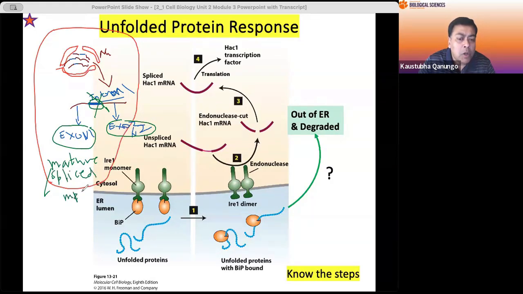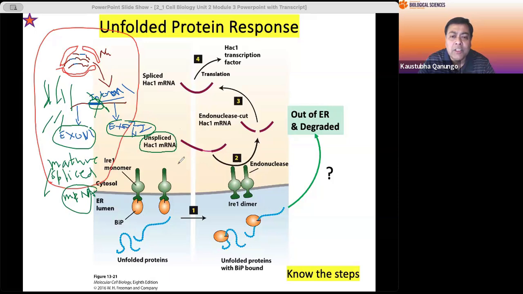Most of the mRNAs are matured and spliced, and they are transported into the cytosol, where they can bind to the ribosome and be translated into the protein as required. The HAC1 mRNA is one of the exceptions that is transported from the nucleus in an unspliced format. So you have an exon right here. You can see that this is just a cartoon exon.